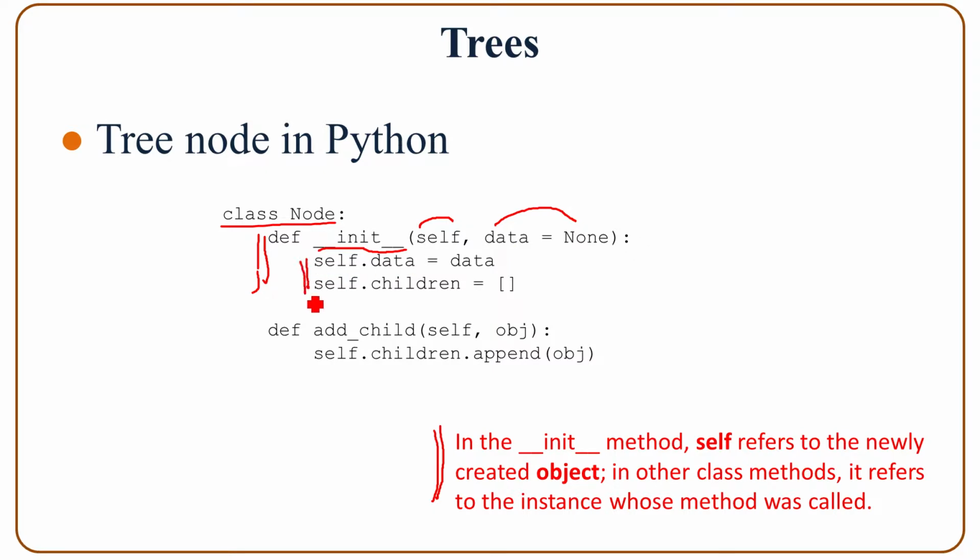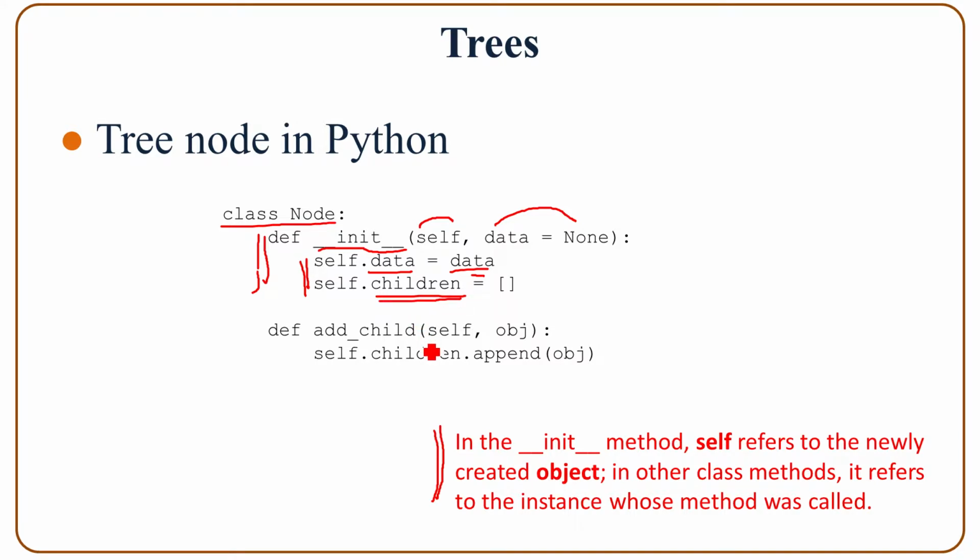So in the constructor, data is passed to it and then stored in the variable data. And also another variable, which is children.